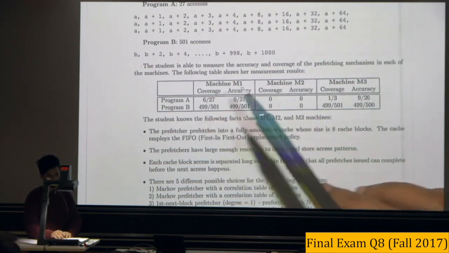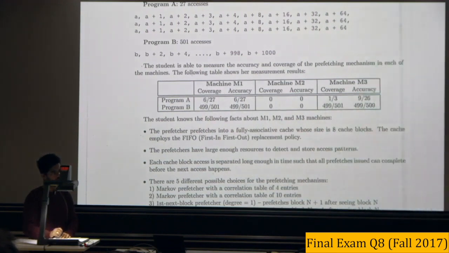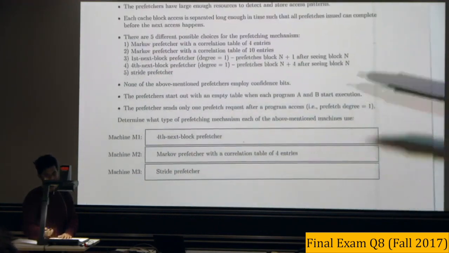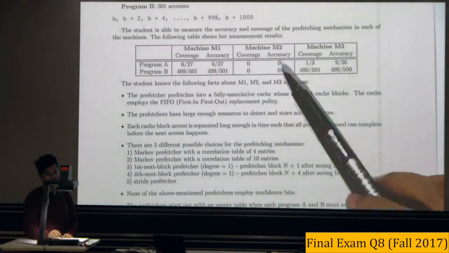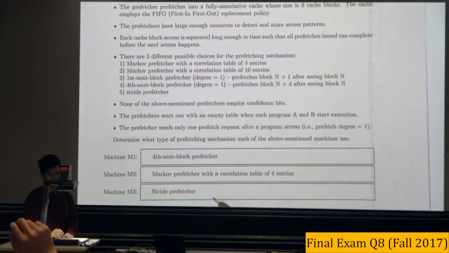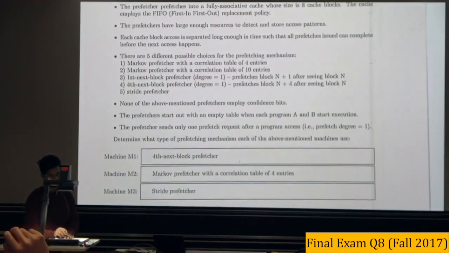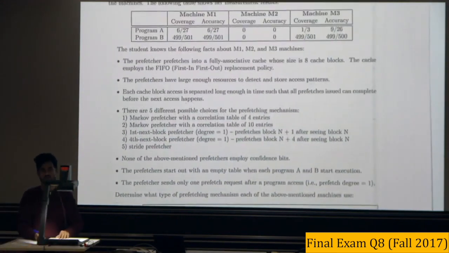But as we have seen that program A has different properties, we can simply check which one fits best, and that ends up here. So machine 2, everything is 0, that means it's most likely the Markov prefetcher. So yeah, Markov prefetcher, it's out. And then machine 1 is the 4th next block, and machine 3 is the stride prefetcher. Make sense? Good.